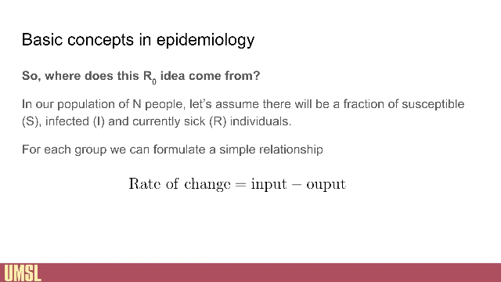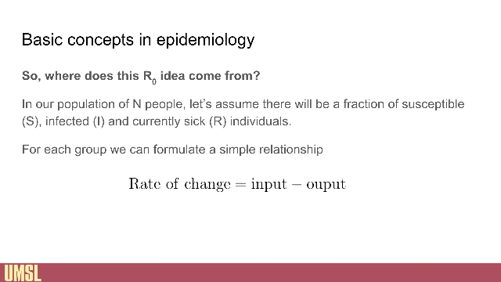We would anticipate that the number of infected people is going to increase if susceptible people are exposed to some pathogen, and that infected people who don't die will eventually become resistant because they've already experienced this pathogen.